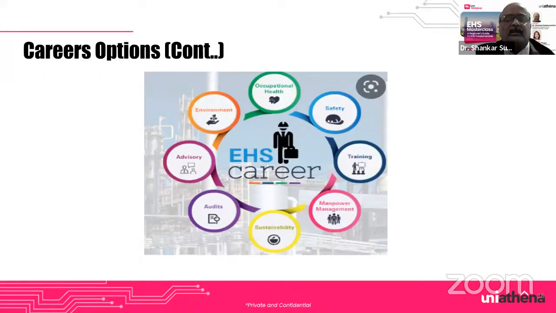So career options are in terms of looking after the environment, and in terms of occupational health and safety at the workplace. In training, you could be a trainer, giving all the facilities and helping people spread awareness, and also teach them how to take care of fires and things like that. In manpower management, it could be at the management level, such as safety director.